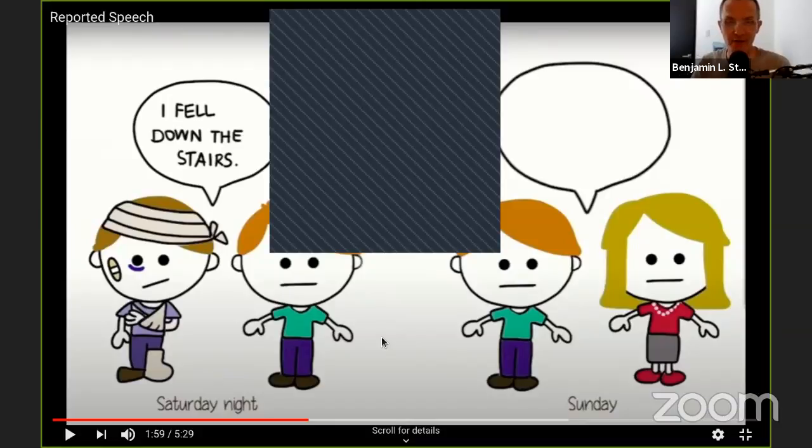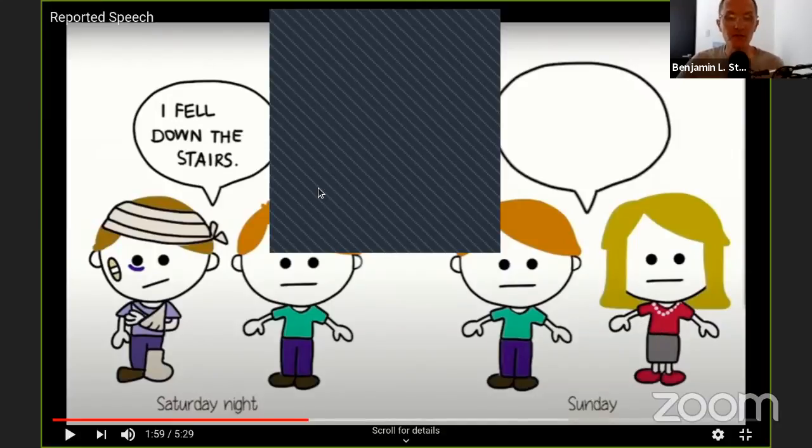Okay, all right, good. Now, one other thing, what else could we add to indicate time? Because again, here towards the bottom, we're going to assume that the son mentioned this to his father. I fell down the stairs on a Saturday night. So the time that the father now is reporting about this or telling his wife about what the son told him, it was Sunday.